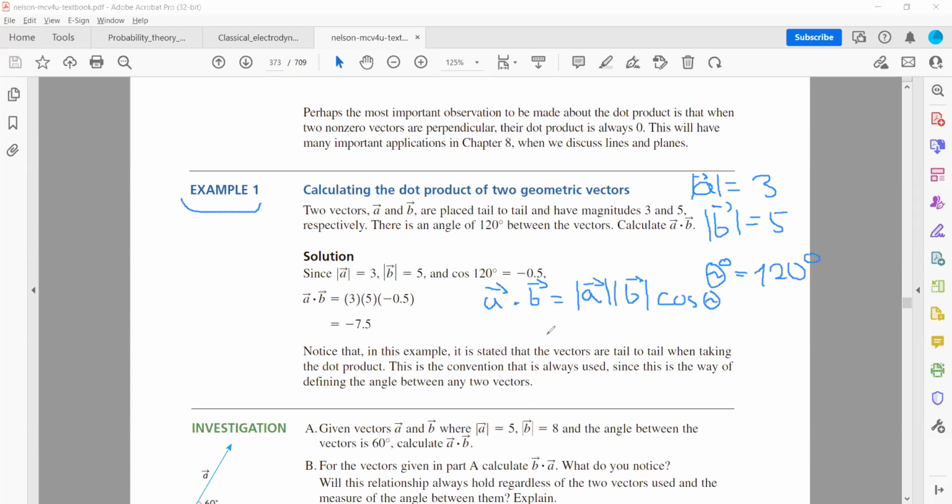Now let's plug in the known values, and we're going to see that it's equal to 3, right?